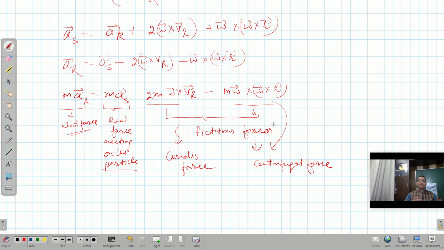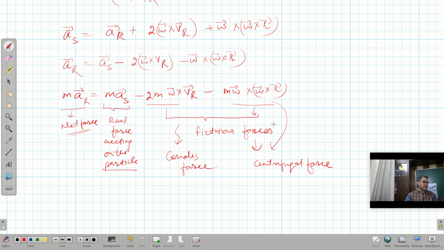I will talk about these two forces later on. The first is the Coriolis force and the other is the centrifugal force, and I have shown you these two forces and their effect on the motion of the particle when it is in the moving frame of reference.